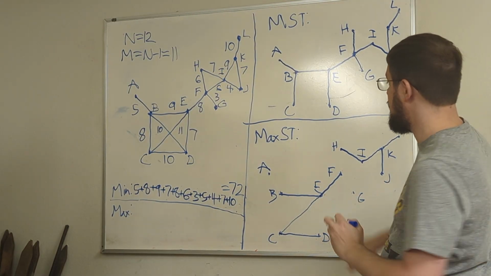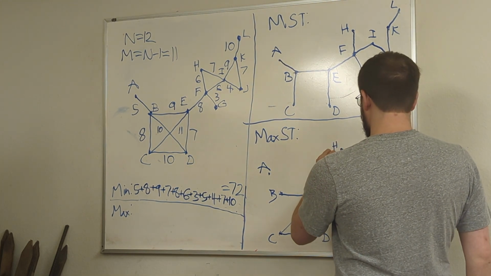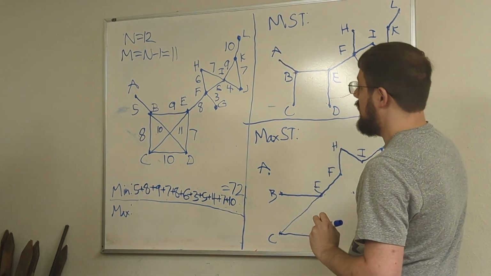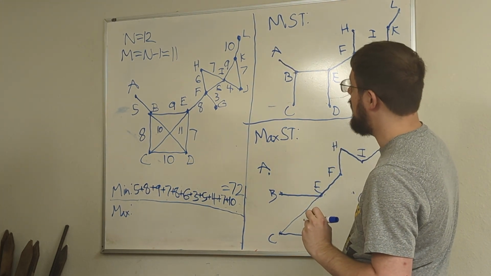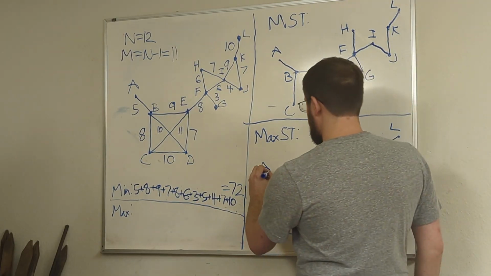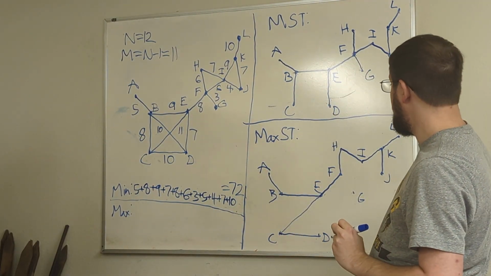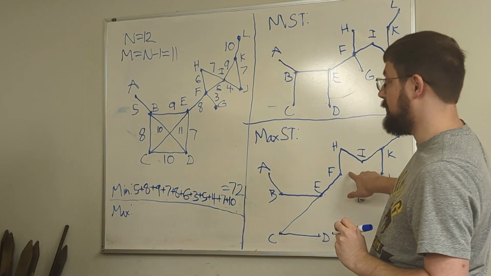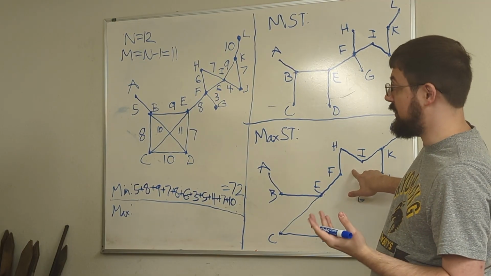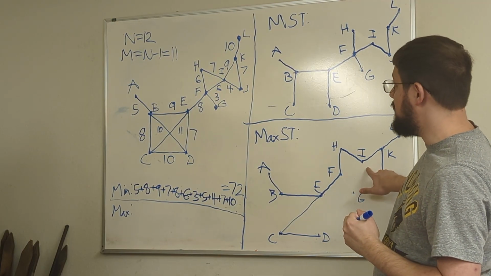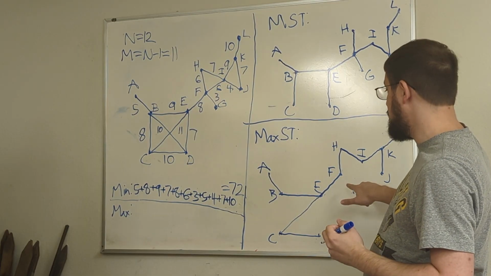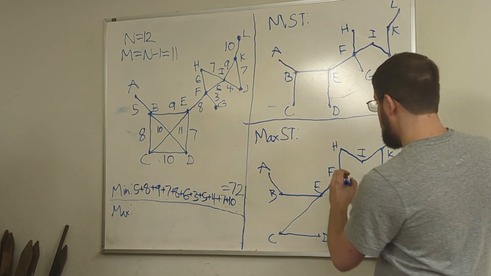Next, we have 6 from H to F. Next, we have 5 from A to B. And then 4, we also have 5 from F to I, but that would create a circuit. 4 from I to J also would create a circuit, so that leaves us with 3 from F to G.